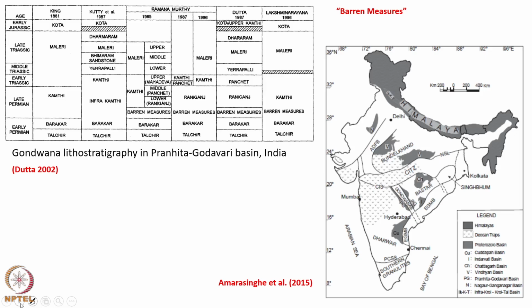Now, let us look at where the barren measures term comes in Indian stratigraphy. The Indian map is shown, some of the basins are demonstrated. Here, let us look at the Pranhita Godavari basin, PG is shown here, and here the Gondwana rocks are exposed.